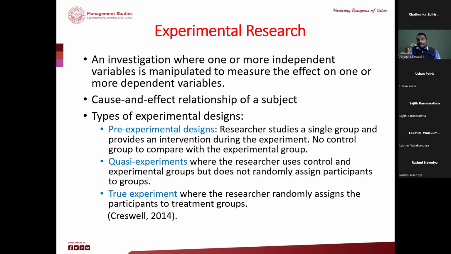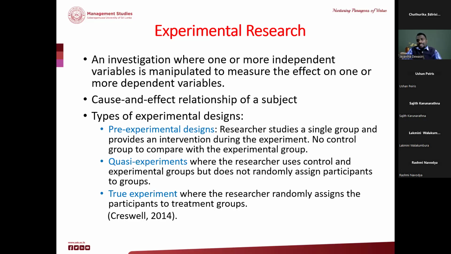Experimental research is conducted with a purpose. There is a rationale for conducting experimental research. If you are manipulating an independent variable and you need to see whether there is a change after the manipulation, you should proceed with an experiment.